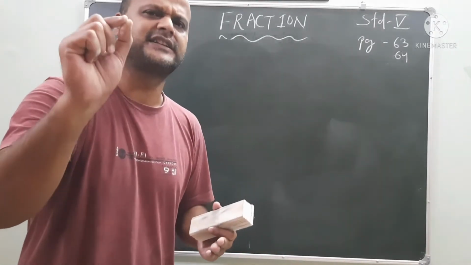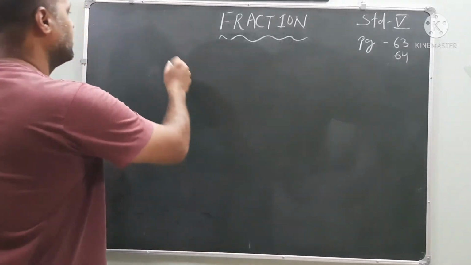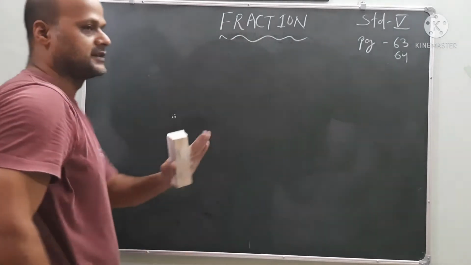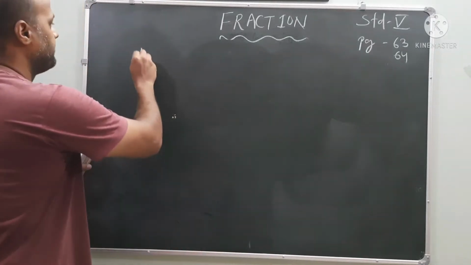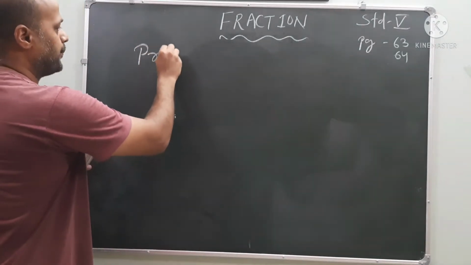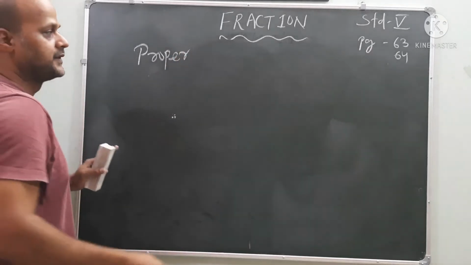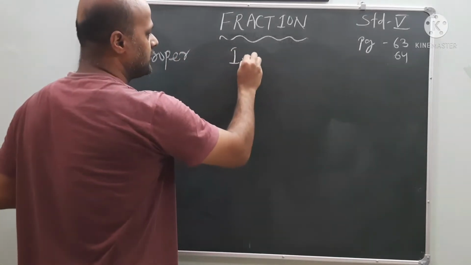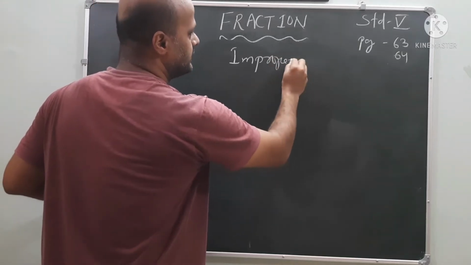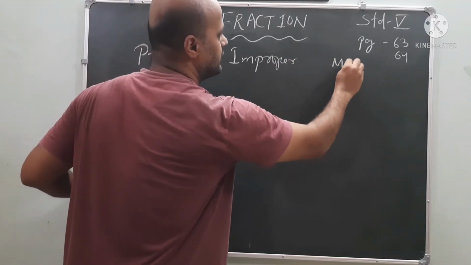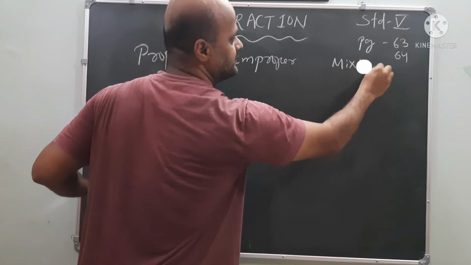We just discussed a little bit. Now, types of fraction. There are 3 types of fractions. First one is called proper fraction. Second one is called improper fraction, and third one is called mixed fraction.